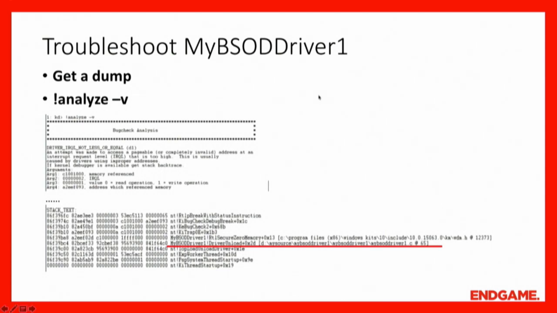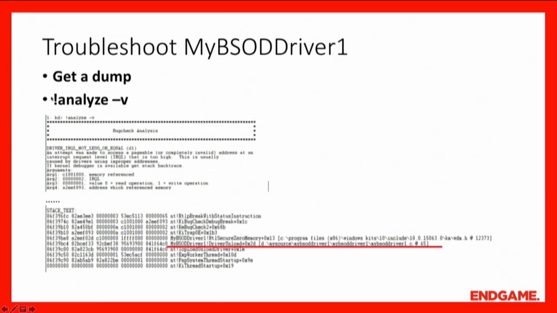I created a sample driver that's causing this kind of bug check Bluescreen. Using your debugger, start with the command !analyze -v. That's a very useful command. You can use it pretty much for every crash dump.